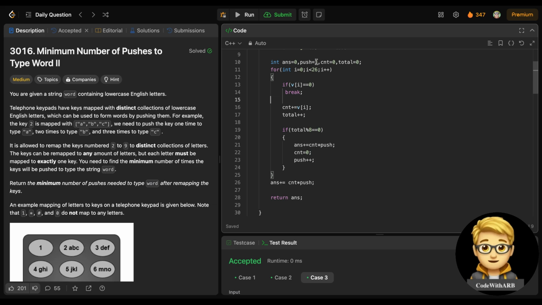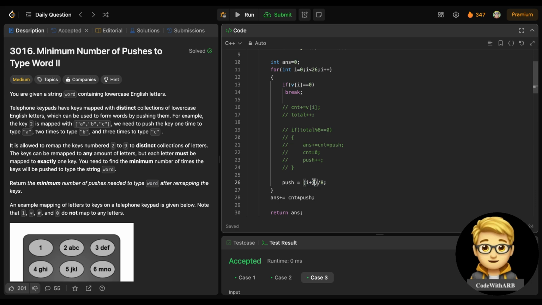So this push, let's just comment this out. How many pushes will be needed? If you see, for the first 8 characters, I need one push, right? For the next characters, I need two pushes, right? And we have started from 0 here. So if I do i plus 1 by 8, what does this do?